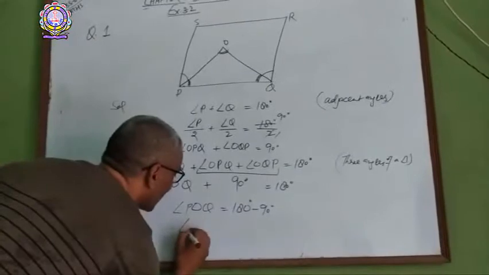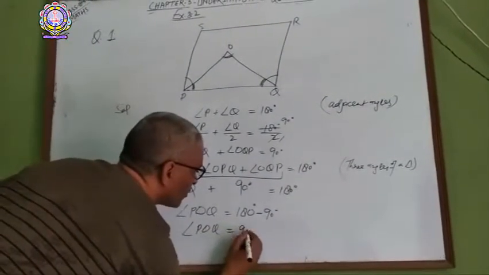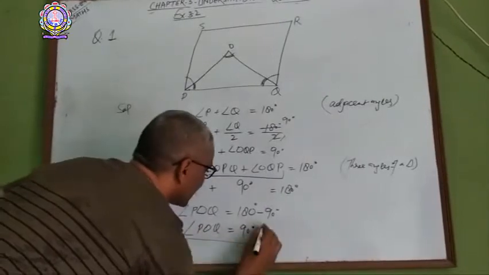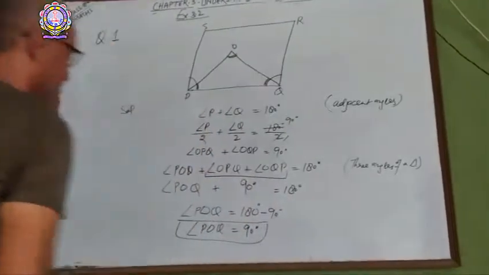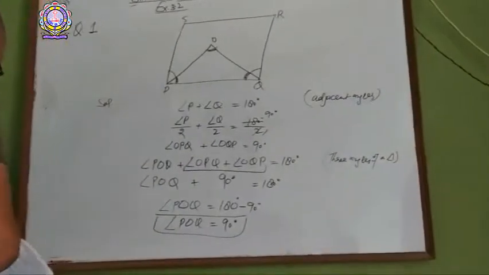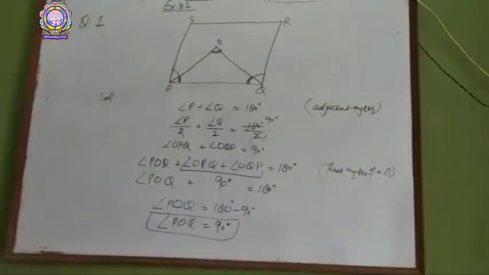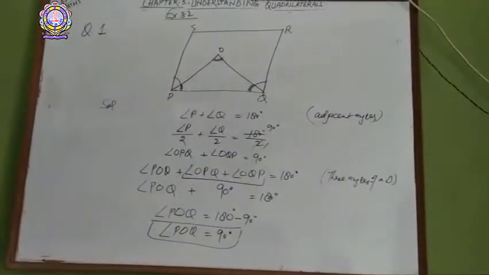So angle POQ must be equal to 90 degrees, and this is our answer. Find the measure of angle POQ. Angle POQ is 90 degrees. This is your complete answer.